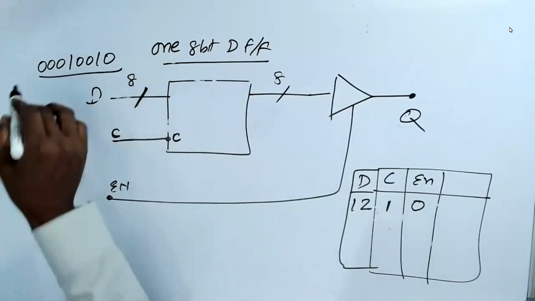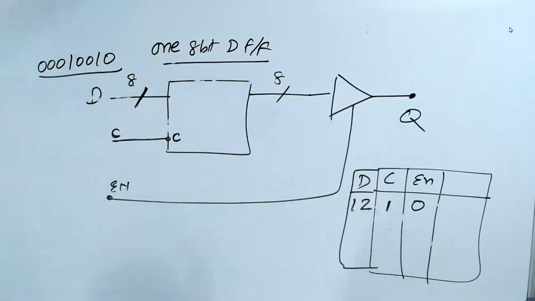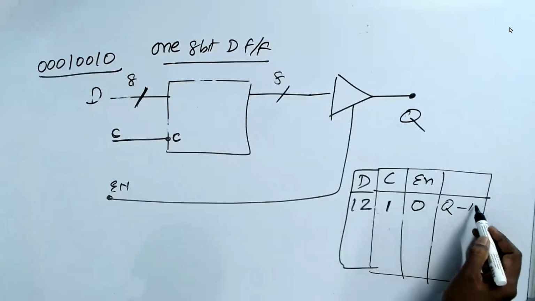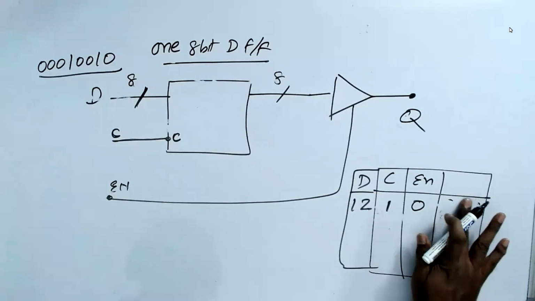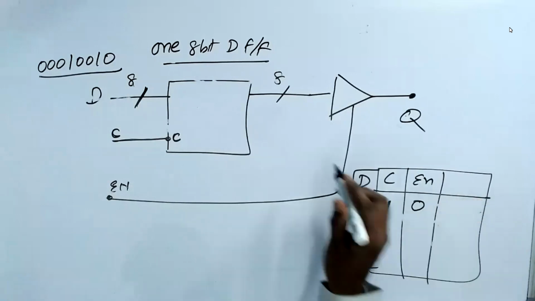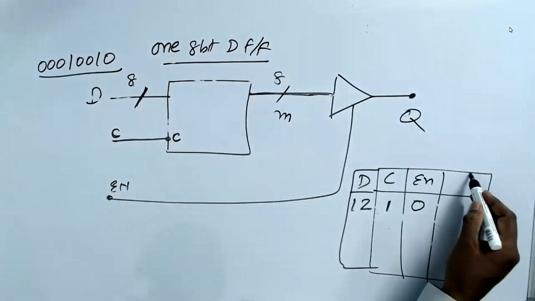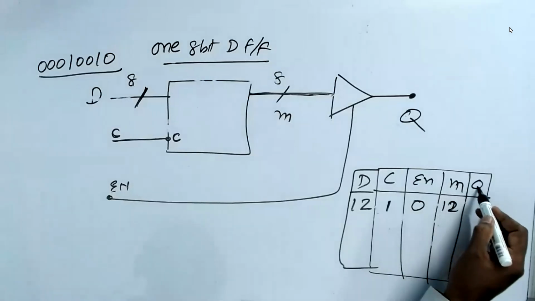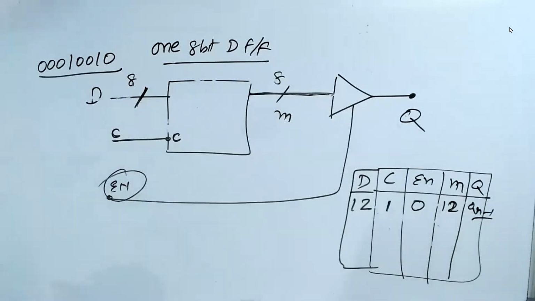That's 12, in hexadecimal. Remember, I always try to write binary. Now what is the output? In between, call it M, whatever it is. M becomes 12. Q becomes Qn minus 1, the old one, because enable is 0.